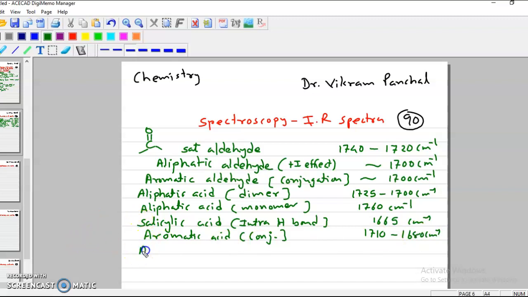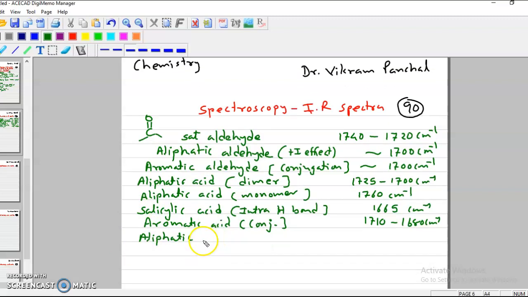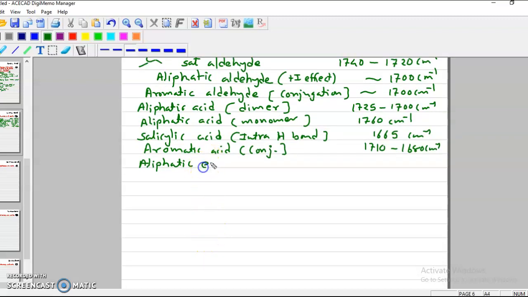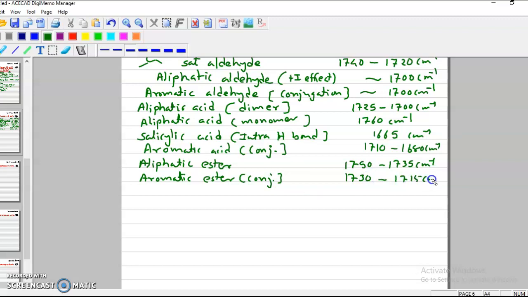We take aliphatic ester. Here the range is 1750 to 1735 cm⁻¹. Aromatic ester, that is due to conjugation. The range is 1730 to 1715 cm⁻¹.